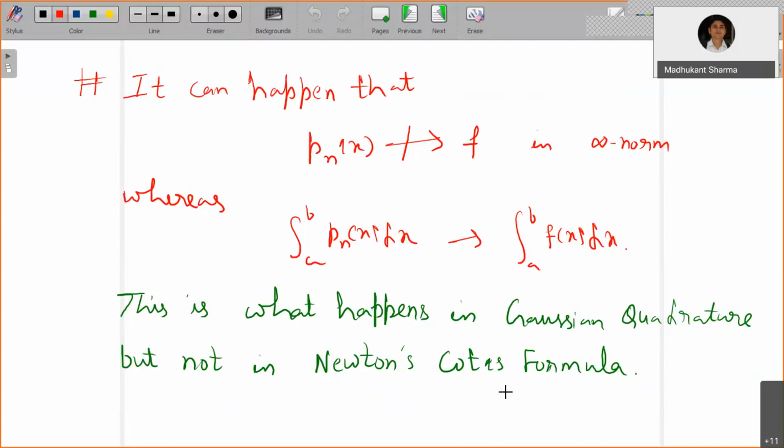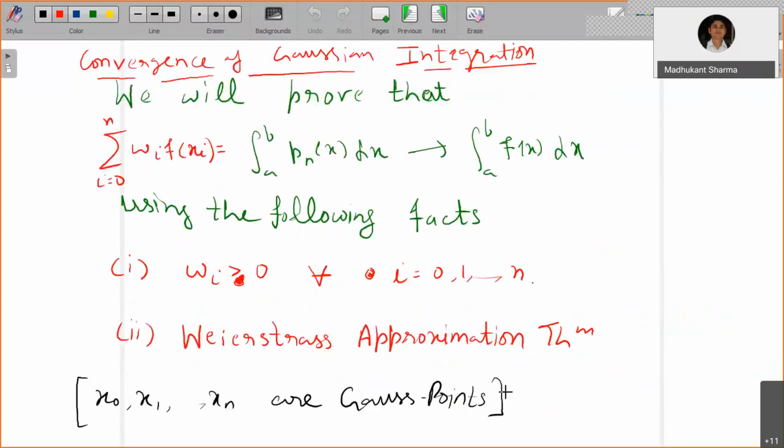Now, for establishing the convergence of Gaussian integration, we are going to show that the integration a to b of Pn of x dx converges to the integration a to b of f of x dx as n tends to infinity. So we are going to use the following facts.